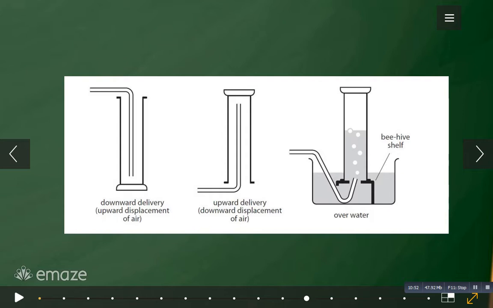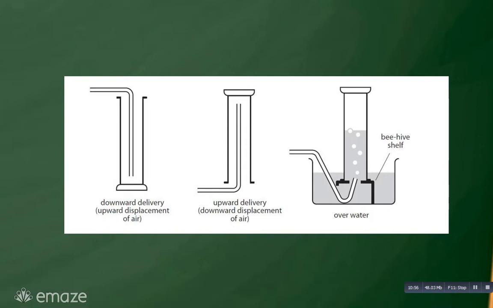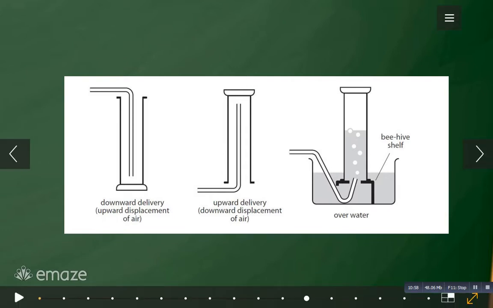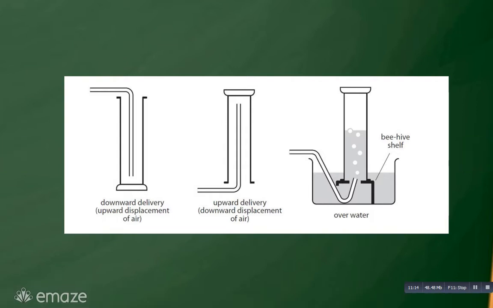Now, in this case, moist HCl is passed in, and this tube is sunk into concentrated sulfuric acid, which is a drying agent. So these bubbles came upward, and now it escapes as dry HCl, as all the water vapor has been soaked in by concentrated sulfuric acid, our drying agent in this case.